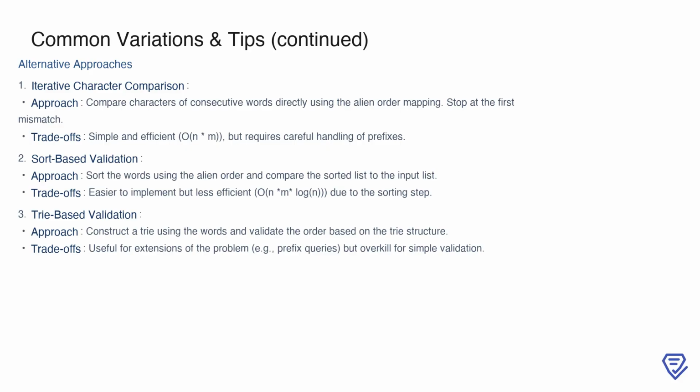While easier to implement, this method is less efficient due to the O(n*m*log(n)) complexity of sorting. Lastly, there's tree-based validation, which involves building a tree from the words and validating the order based on the structure. This approach can be useful for more complex extensions of the problem, like prefix queries, but it is generally overkill for the basic validation task.